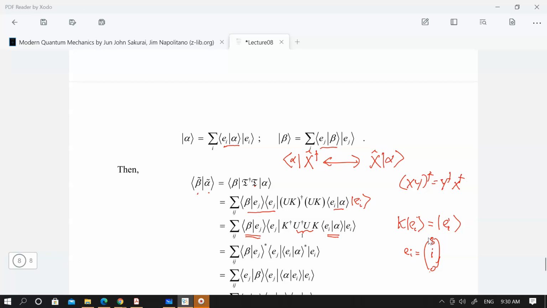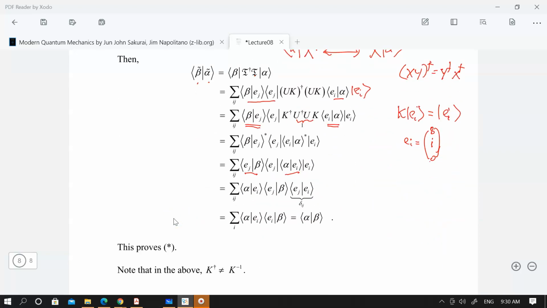Given this, I would now only have this thing turned to a complex conjugate, and this thing turned into a complex conjugate, and I still have your bra e_j here and your ket e_i over here. And your complex conjugate I can rewrite in this particular way, by changing the position of your bra and ket.